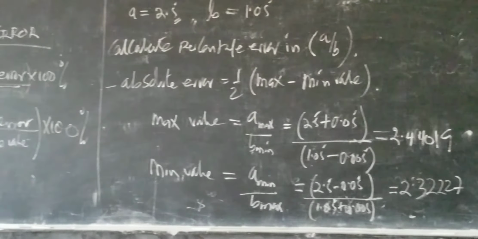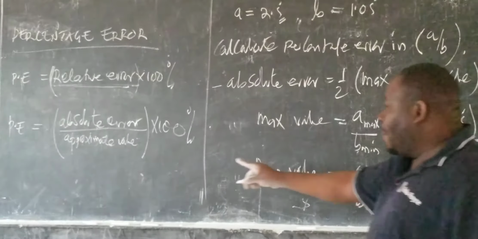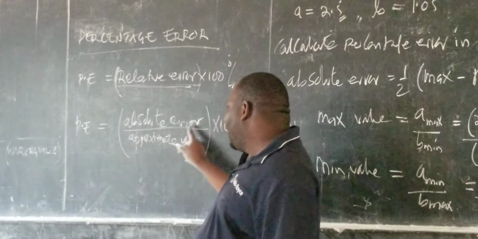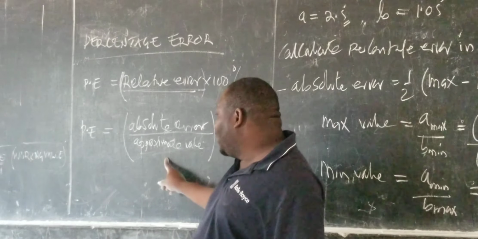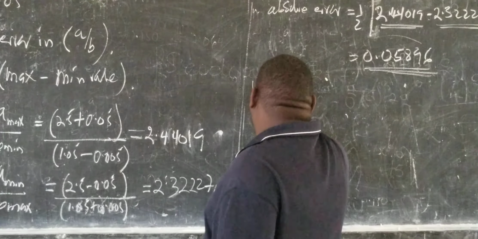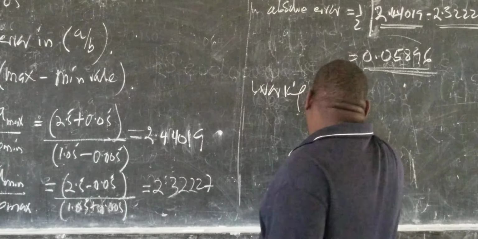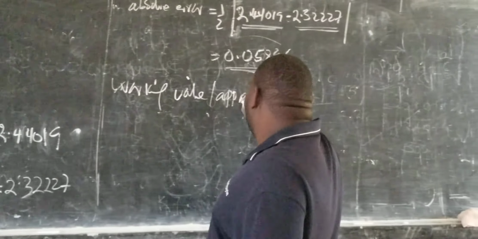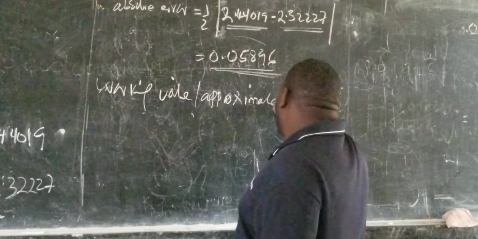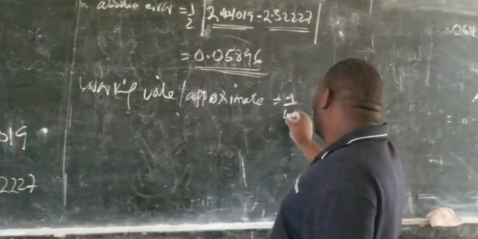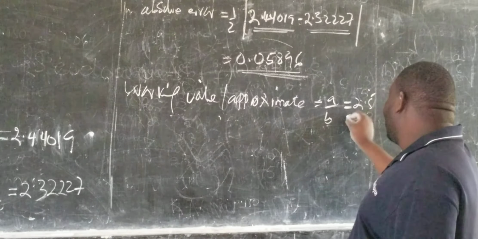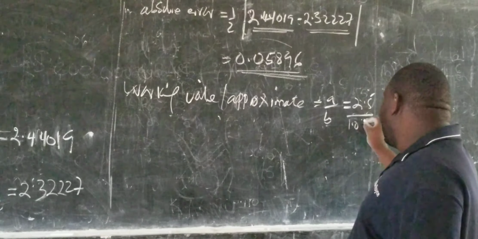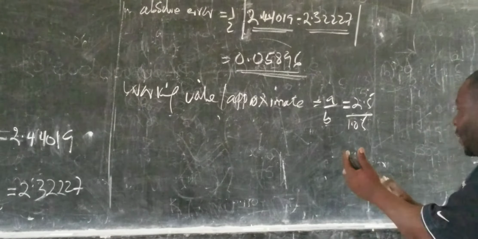How do we get the percentage error? We have the absolute error from the formula here. The percentage error is equal to the absolute error over the approximate value, or the working value. And how do we get the working value? We get the actual expression A over B. We substitute the true values of A and B, which is 2.5 divided by 1.05, to get the working value or the approximated value.